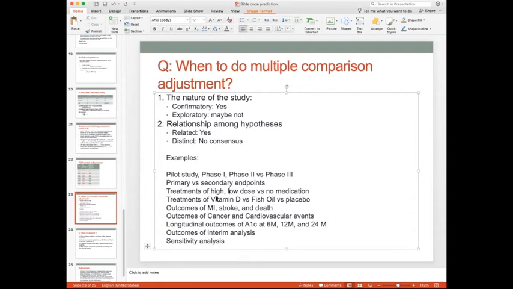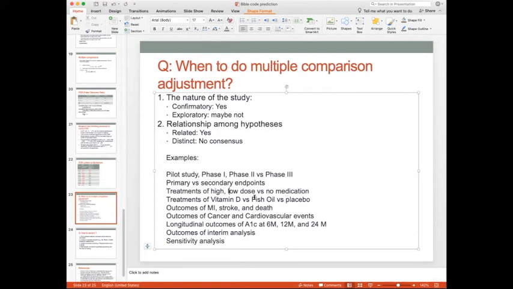And the treatment of vitamin D, fish oil versus placebo. So this is a little bit controversial. For example, here we have two comparisons, vitamin D versus placebo and fish oil versus placebo. Some people consider them as two separate experiments, and they think it's okay not to control for multiple comparison, just report individual results.